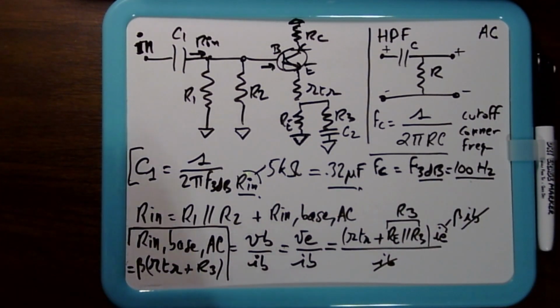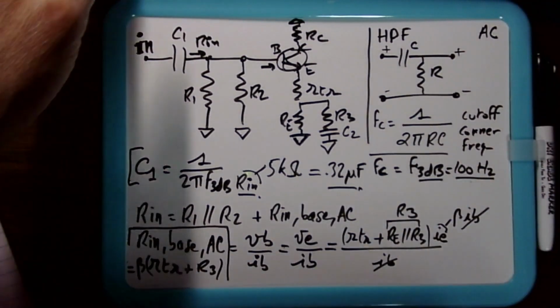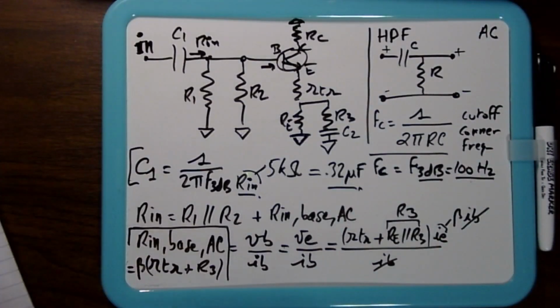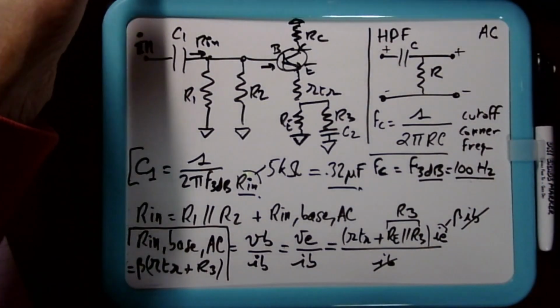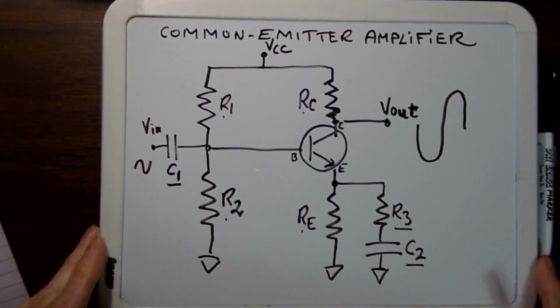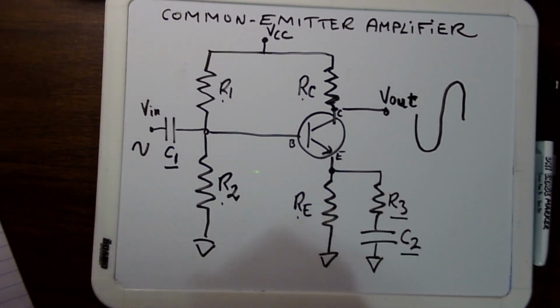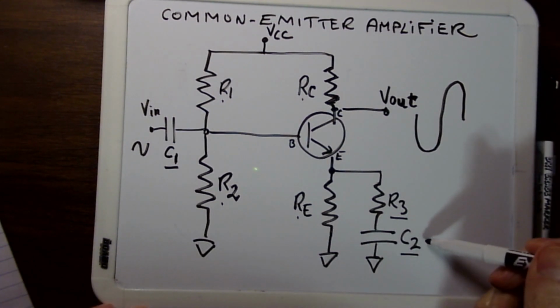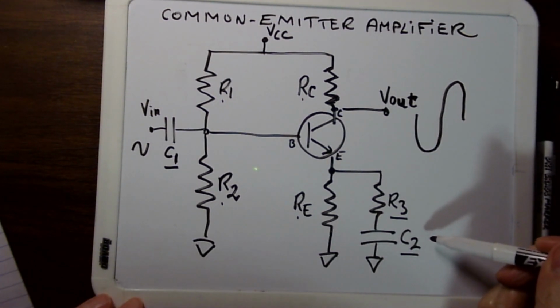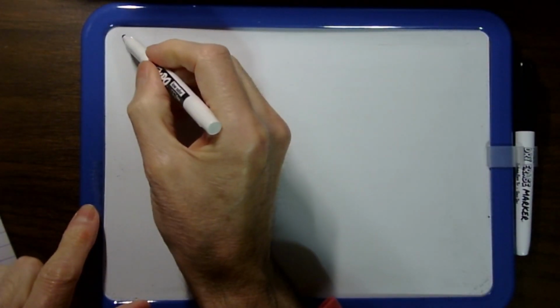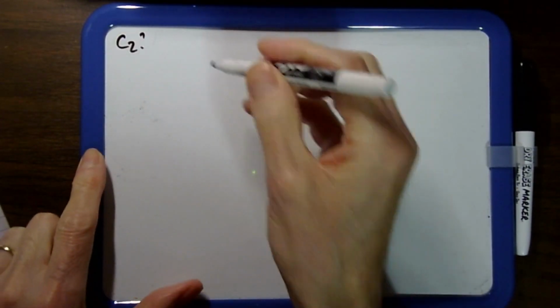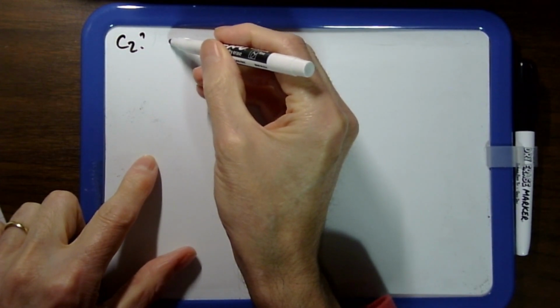So the only one left is computing C2. So let's go back to this guy. So now we just got C1. Now we just need to compute the C2, the bypass capacitor. Okay, so C2. Okay, so let me redraw again.